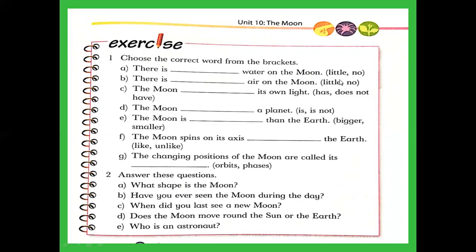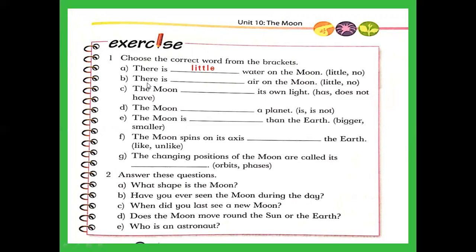In the brackets, you can see two words, little and no. What you studied in the lesson about the moon, there is water, no water, little water, or what? So what will come here? There is little water on the moon. So choose little, first one.